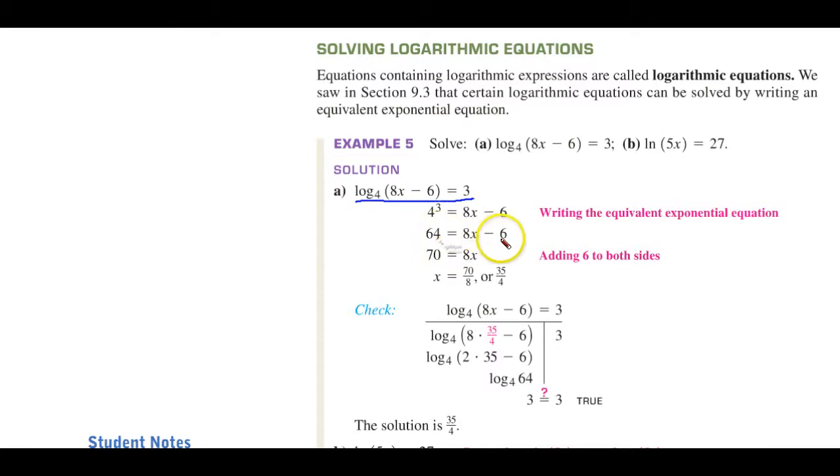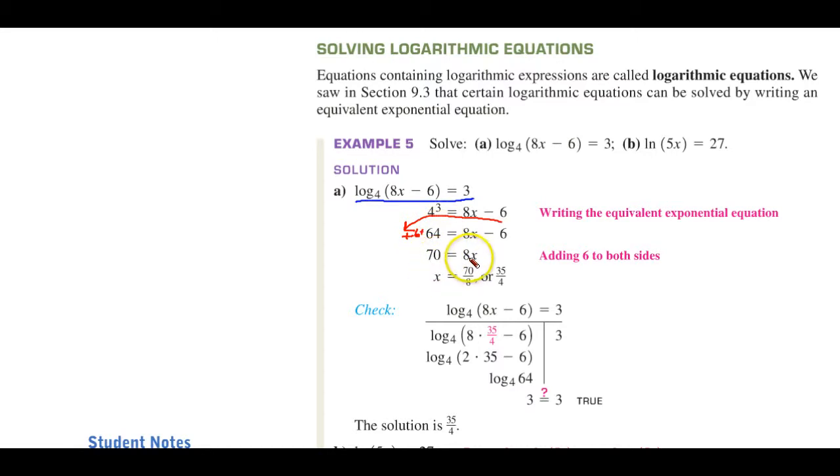And we get this. We're going to transpose the negative 6 to this side, where it becomes a positive 6, add it to our 64, and get a 70.